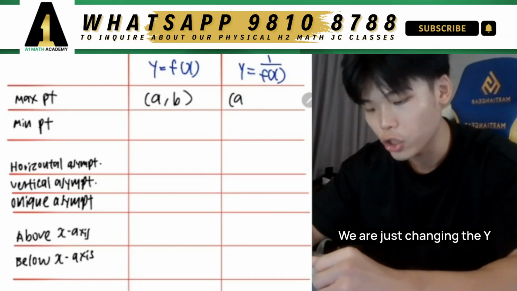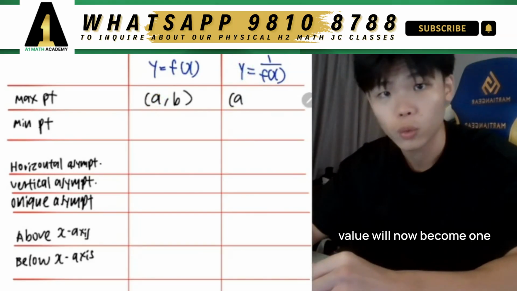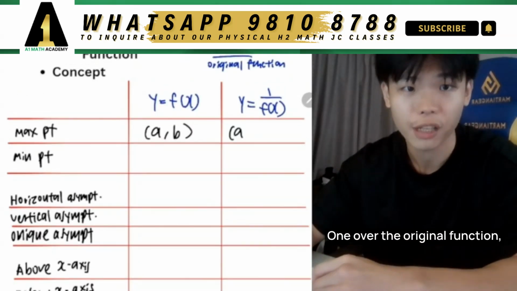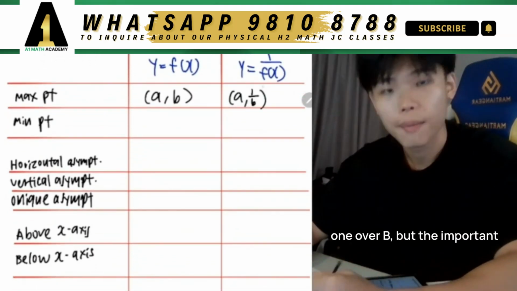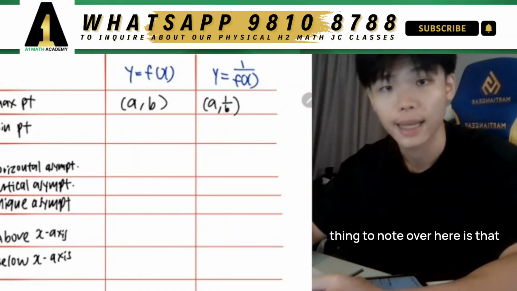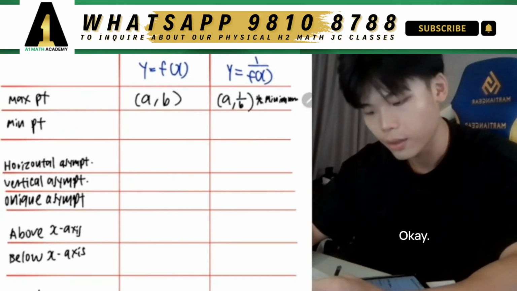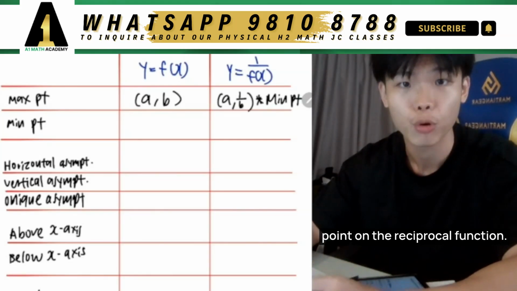We are just changing the y value, but the x value still remains as a. And now the y value will become 1 over the original value. So now this one will become 1 over b. But the important thing to note over here is that a maximum point will then transform into a minimum point. Now it becomes a minimum point on the reciprocal function.